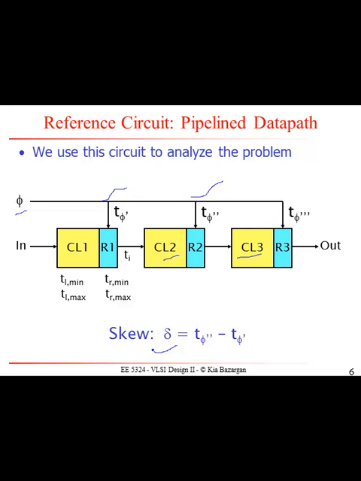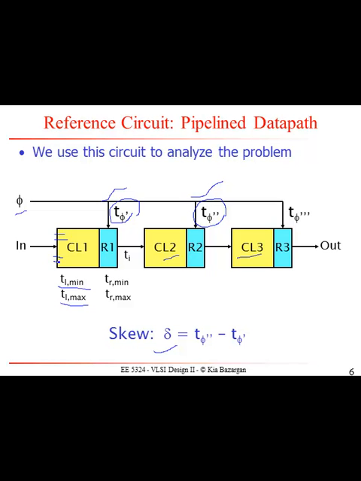Skew is basically defined as the absolute time difference from this point to this point. And if you look at every block, your combinational logic is going to have T logic min and T logic max. Think of it this way. Suppose that this is an adder, right?